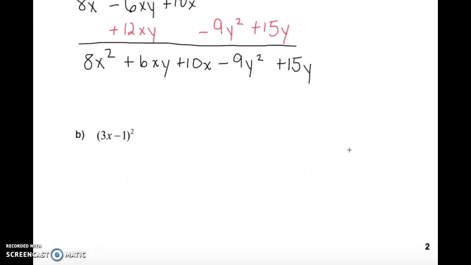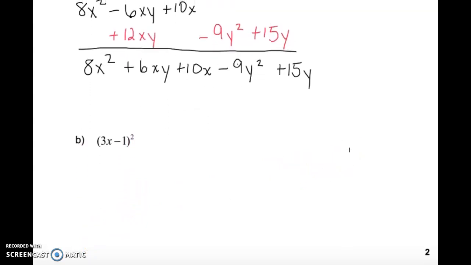So then we have this next example here, B. 3x minus 1 squared. And I want everybody to take notice that we have an exponent of 2 here. And what that means is we actually need to multiply this binomial by itself.